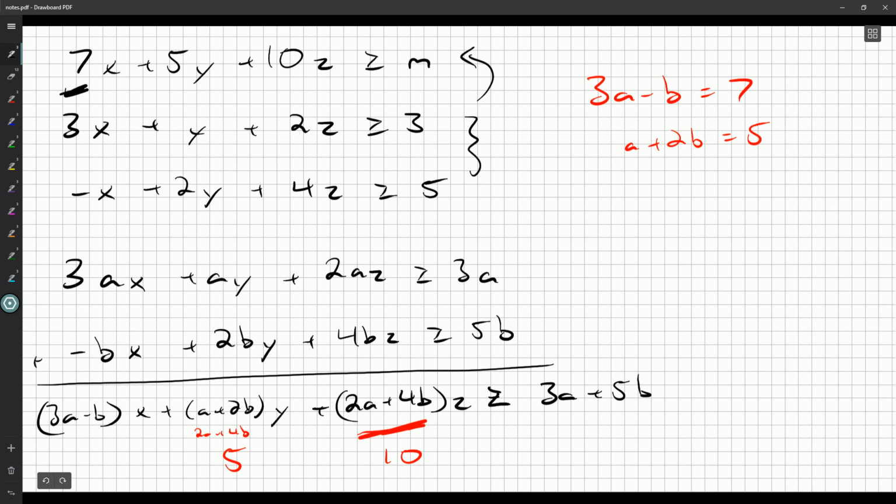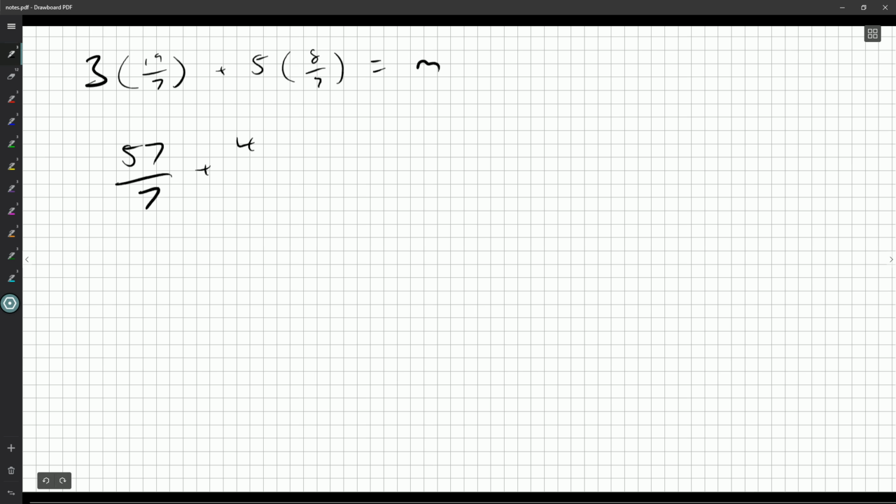Now, m, the smallest these can be, would be 3a plus 5b. That's 57 sevenths plus 40 sevenths, so we're looking at 97 sevenths, and you can't really divide 7 in there.